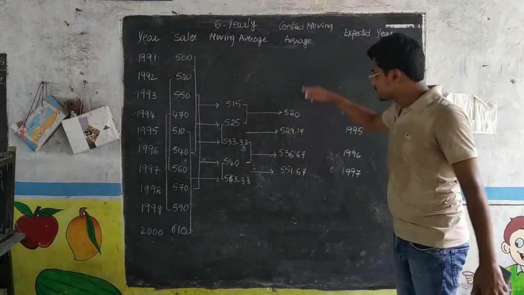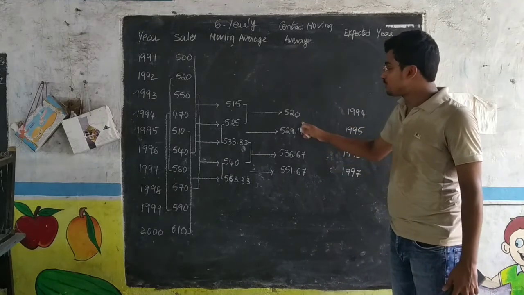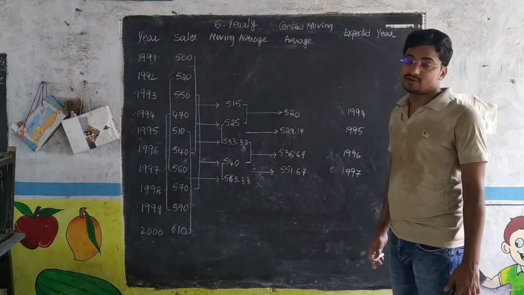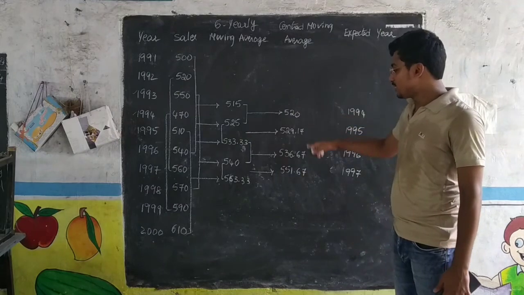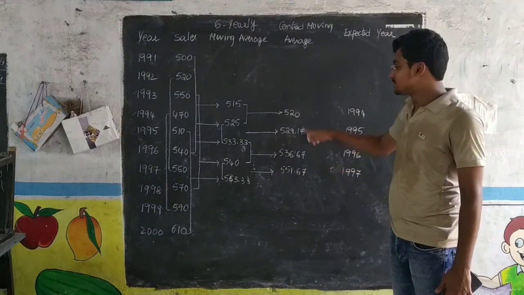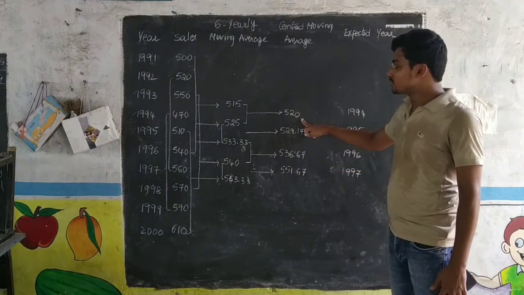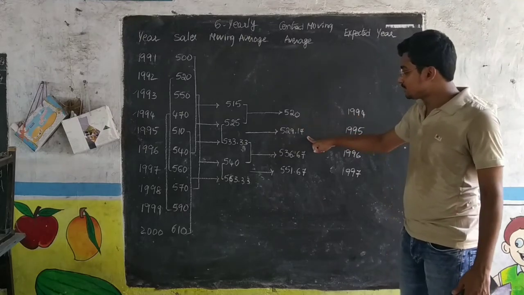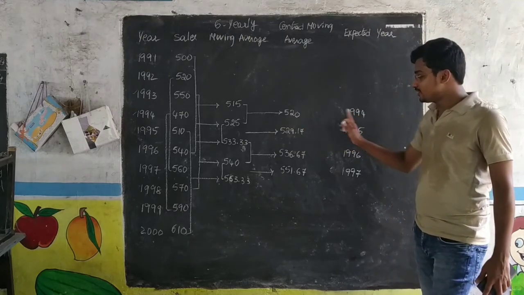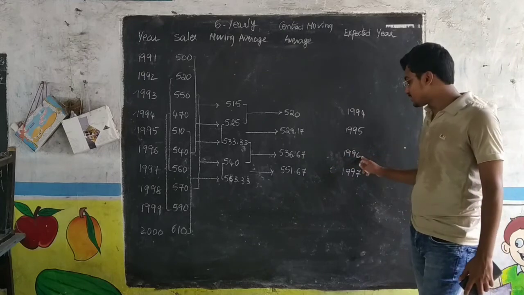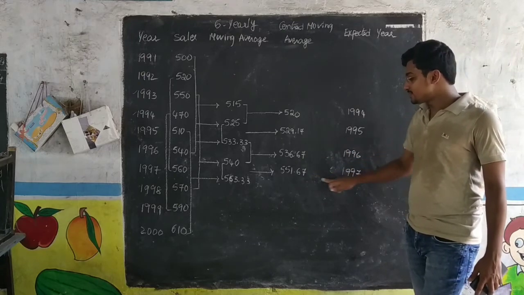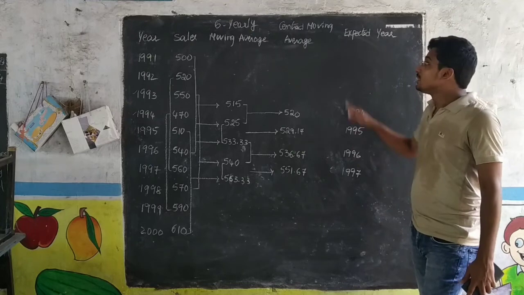Now, centered moving average values coincide with years. 520 coincides with 1994. 529.17 coincides with 1995. 536.67 coincides with 1996. 551.67 coincides with 1997.